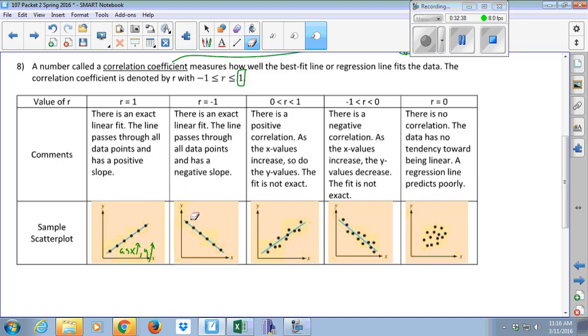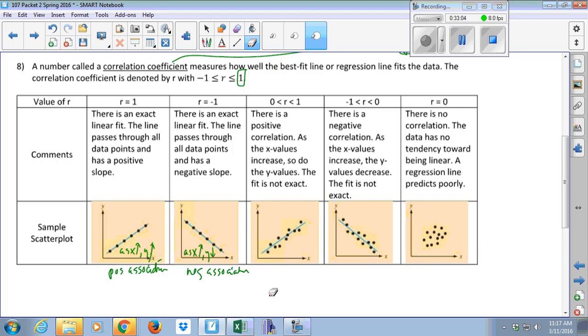If I had data that lined up in the second picture, it would be a perfect negative correlation. That value of R would be negative 1. And this says that as my X value increases, my Y value decreases. So this is a positive association between the 2 variables, and this is a negative association. As one increases, the other decreases.